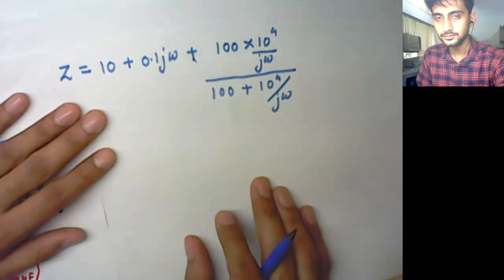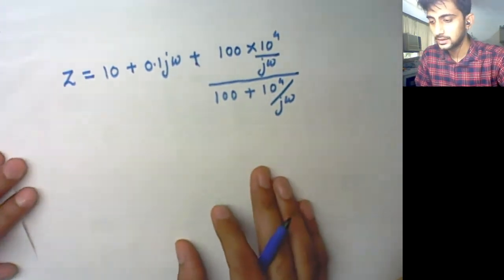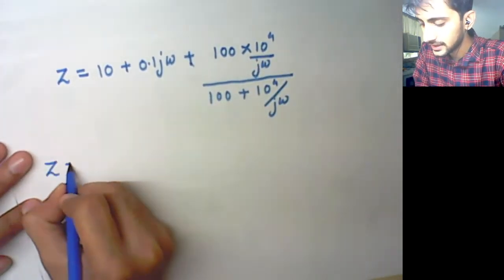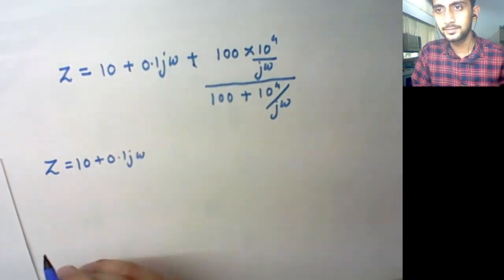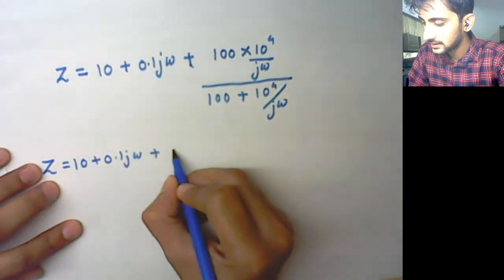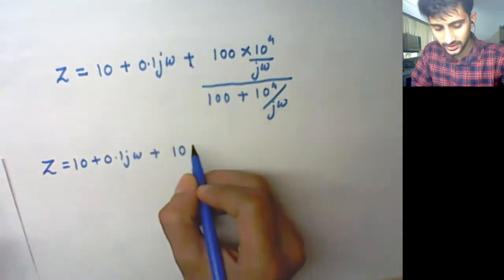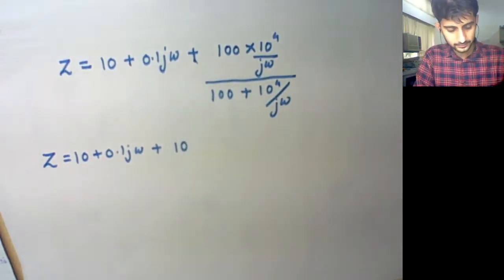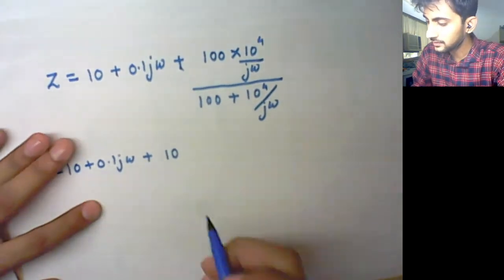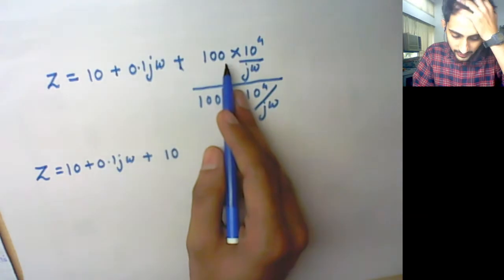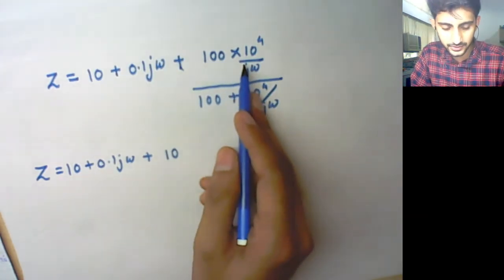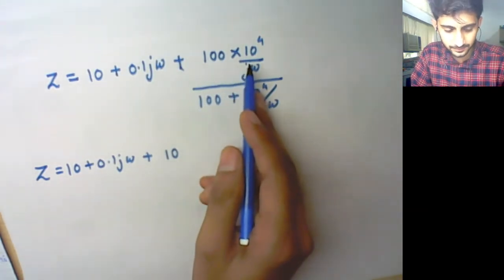Okay. It's going to be like this. थोड़ा सा और इसे सॉल्व करें, you will get Z is equals to 10 plus 0.1 j omega plus, okay, it is going to be now 10⁻⁶. Okay, so this is 100 and this is going to be 10⁻⁶. Fine.